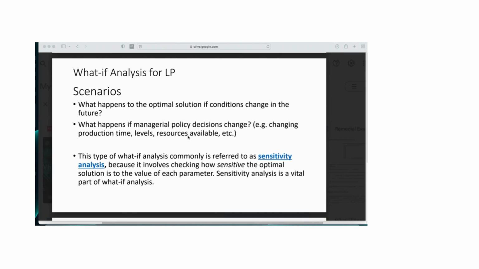Now, within the internal environment of the firm, the optimal solution of the 400 and 1,000 combination of units to produce of enzymadas and cupcakes may be affected by a change in the resources available, like the amount available of flour.